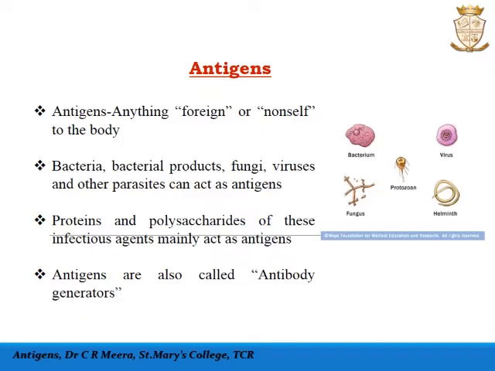Antigens are also called antibody generators as they elicit an immune response by the production of antibodies. Antibodies, as we all know, are the glycoproteins produced in response to antigen by the host immune system, whose function is to facilitate the elimination of the entered antigen.